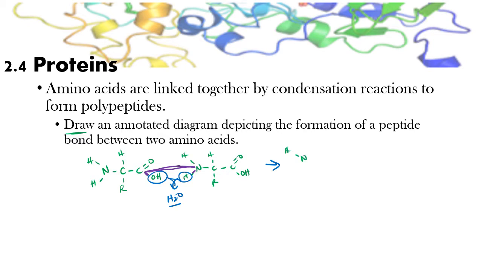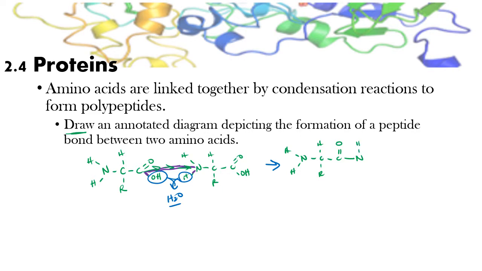We'll still have our amino group on this end and our central carbon with an H and an R. We'll have that carboxylic acid group, but it's not a carboxylic acid group anymore because the OH is gone. So now I just have that double bonded O, and then that carbon is going to go straight over now to the nitrogen of the amino group of that second amino acid.